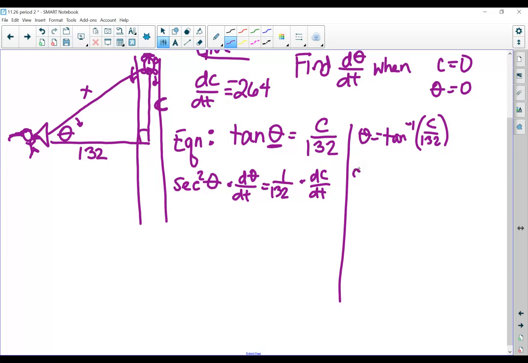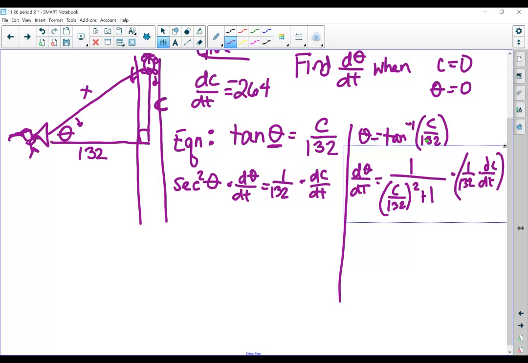Okay, in this one, I would get d theta dt equals 1 over (c over 132) squared plus 1 times the derivative of that, which would be 1 over 132 times dc dt. Either way we go, we're going to get the same answer. Now, from here, I'm going to look at this moment.